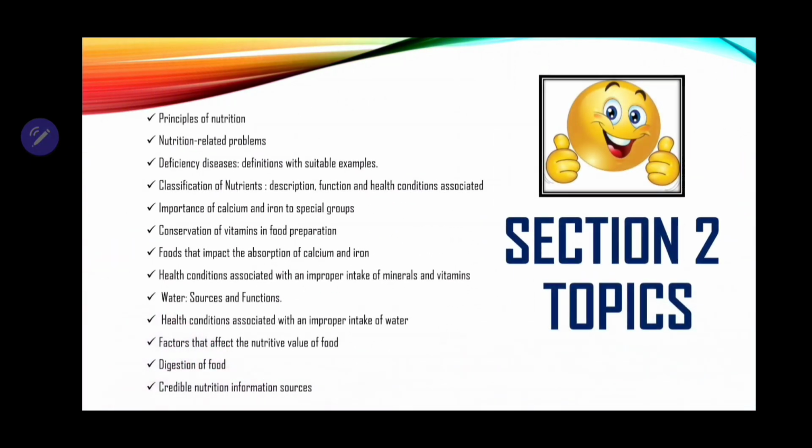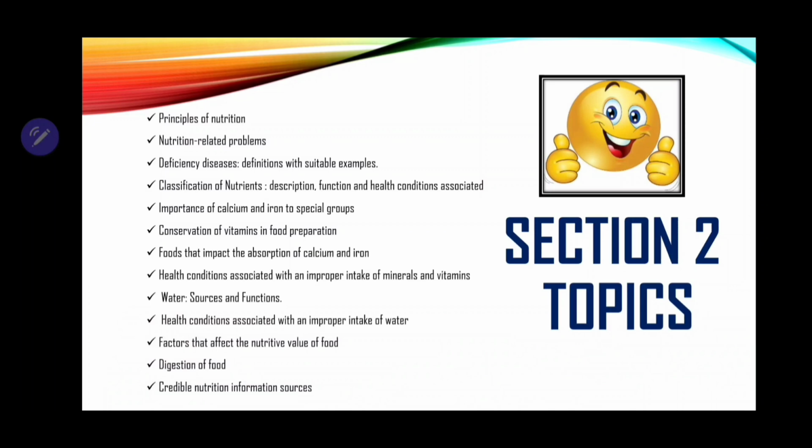Now, firstly, principles of nutrition. We're required to know definitions such as food, nutrition, nutrients, nutritive value of food, nutritional status, and also digestion, functions and importance of food, and also the chemical elements of which food is composed, right? You are also required to know about nutrition related health problems, where you look at description of nutrition related health problems such as malnutrition, undernutrition, overnutrition.